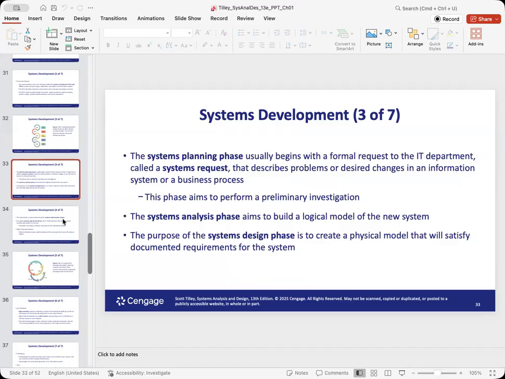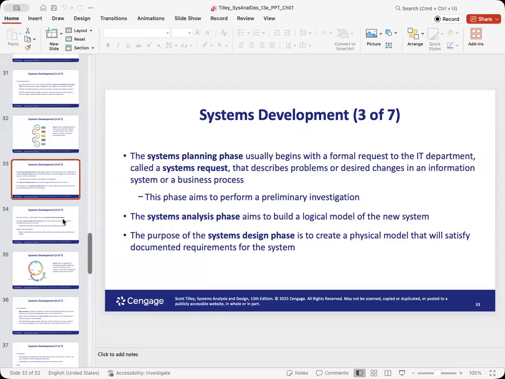Now, the systems planning phase. That's why I said we're going to talk about it step by step so we understand. The systems planning phase usually begins with a formal request to the IT department, which is called a systems request, that describes problems or desired changes in an information system or a business process.